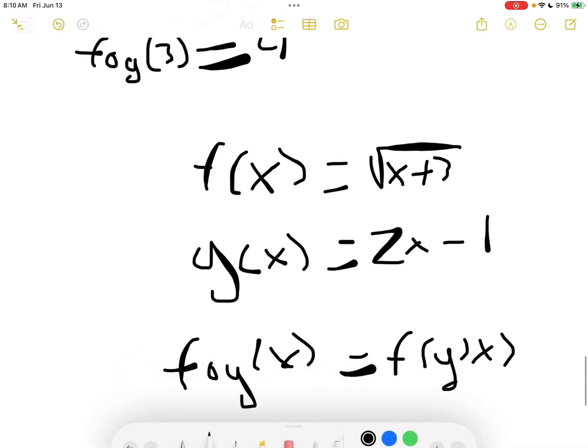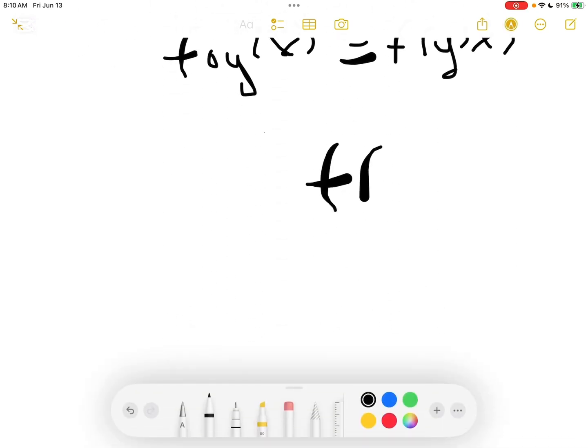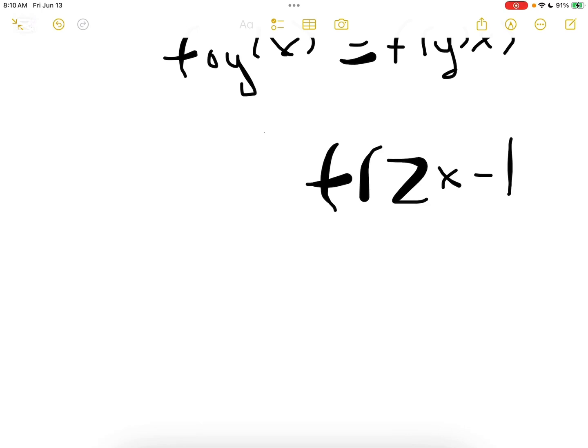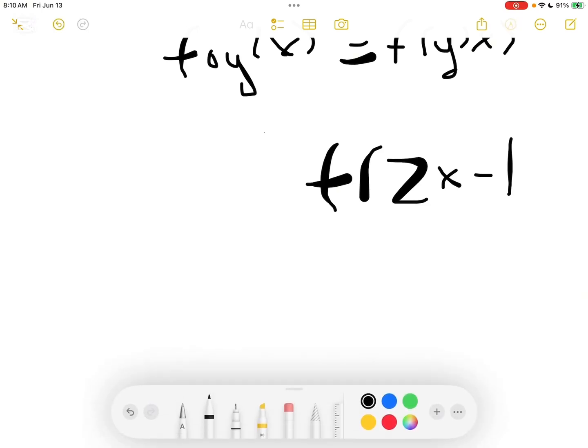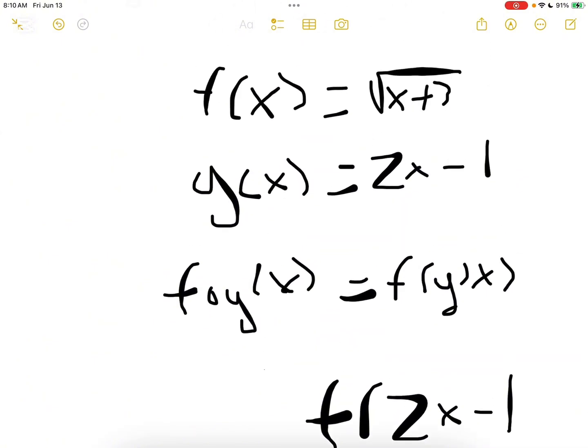So we have f of 2x minus 1. Now, we also need to factor in our square root. This time, our x is in front. We have square root of x plus 3.